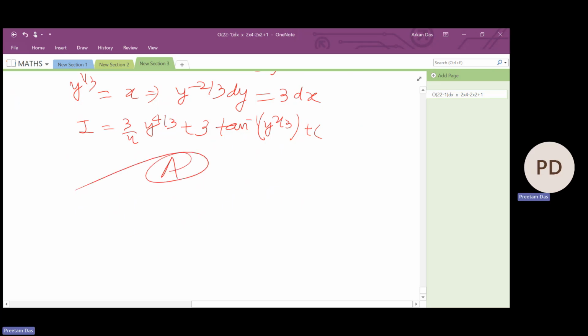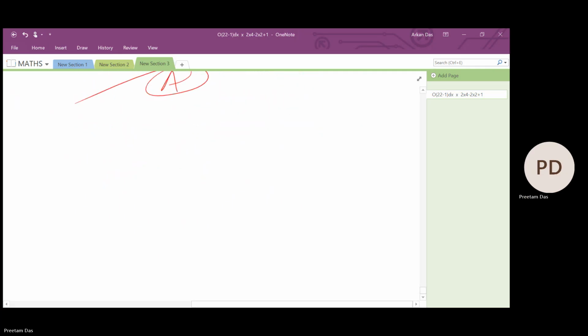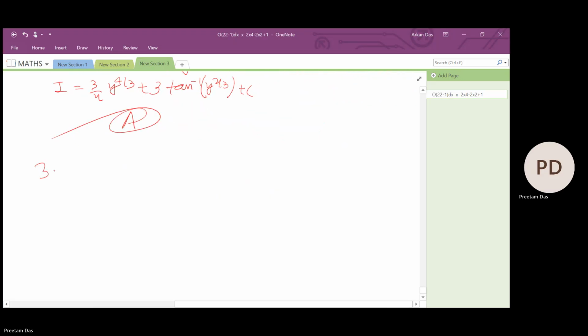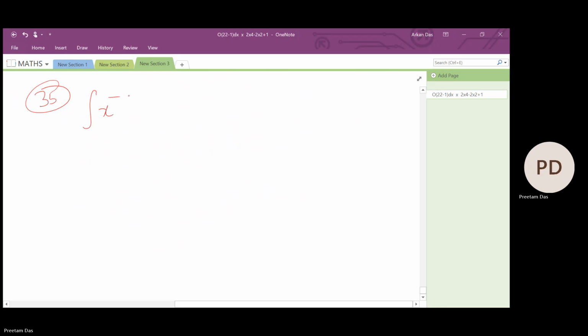Let us now look at the 35th question. In the 35th question also, we have to take some common. Make it x power minus 3 by 2 by taking x power half common from the inside.